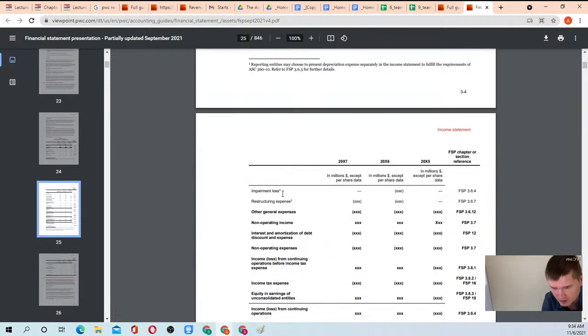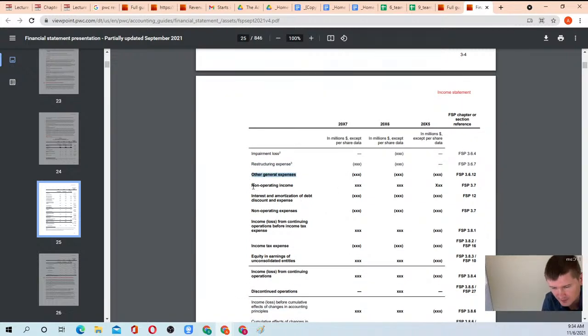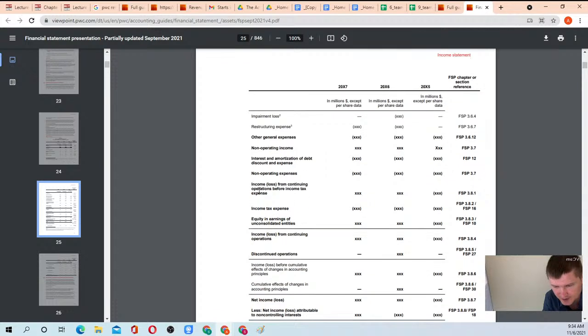Okay, impairment loss, if we wrote off any property, plant and equipment items, and restructuring, if we have any, other general items. Then we have non-operating income, and interest and amortization of debt discount, which is an approximation of the interest. Do not confuse that with amortization of intangible assets; amortization of debt discount is different. Okay, non-operating expenses, and income or loss from continuing operations.